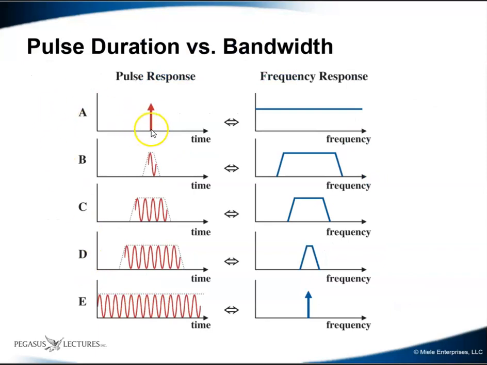If we have an infinitely short pulse, we would have a frequency response that was perfectly flat over all frequencies. This would be absolutely the best, but however, as you know, an infinitely short pulse is too short to create sound. So if we increase it a little bit, we get a wide bandwidth. Increase the pulse some more, we get a narrower bandwidth.